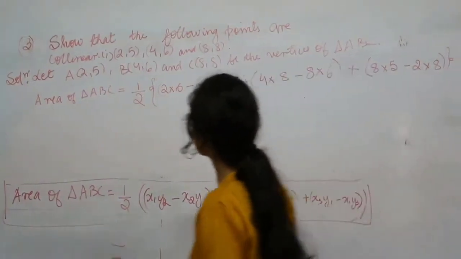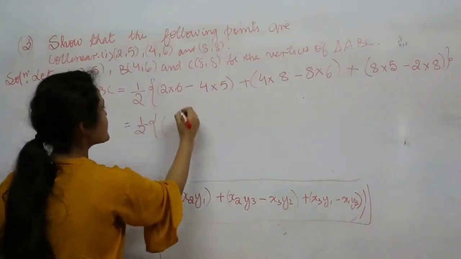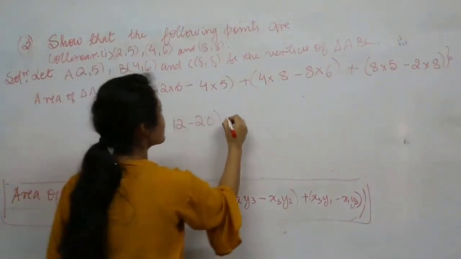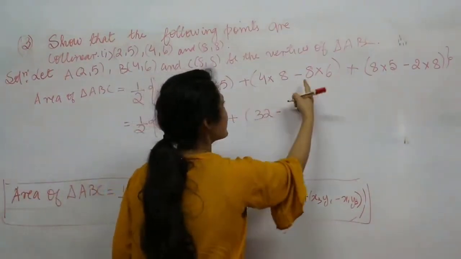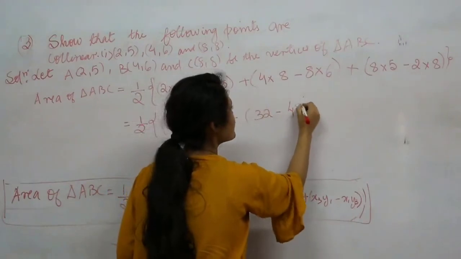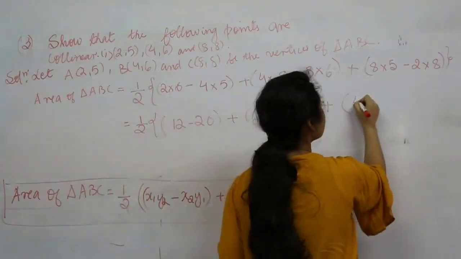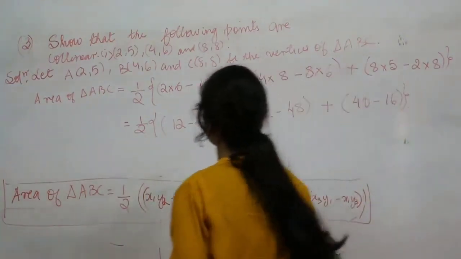So that is 12, 4 into 5, 20, plus 4 into 8, 32, 8 into 6, 48, plus 8 into 5, 40, minus 2 into 8, 16.